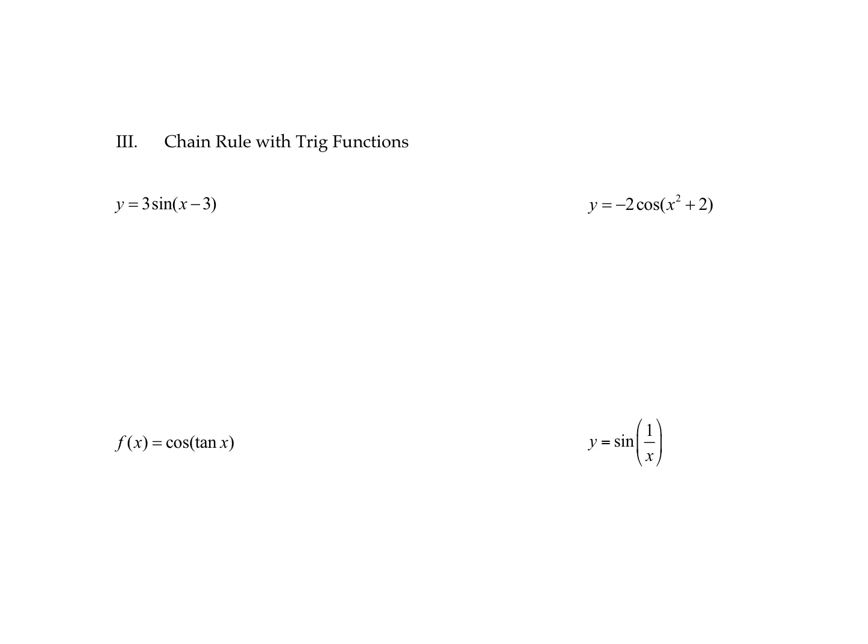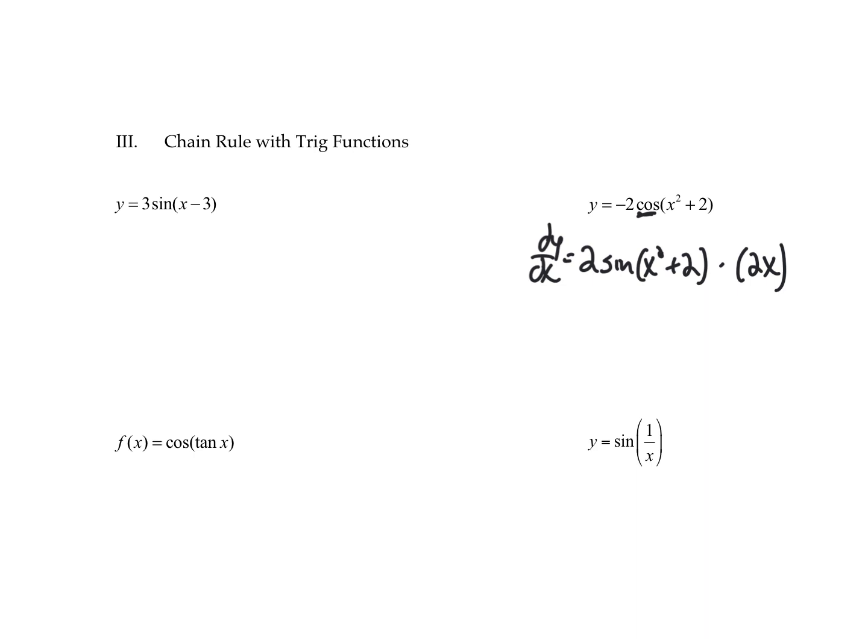So we get dy/dx equals, the outside function is the cosine, so the derivative of cosine is negative sine. So we'd get positive 2 sine of x squared plus 2 times the derivative of the inside, which is 2x.